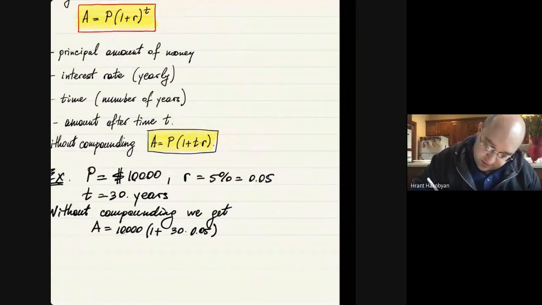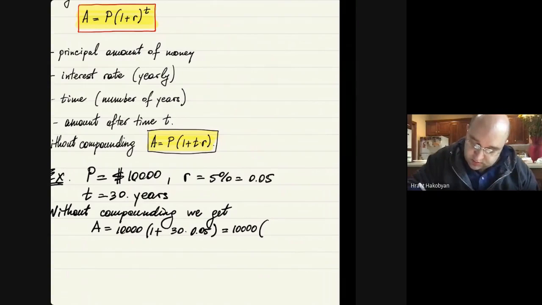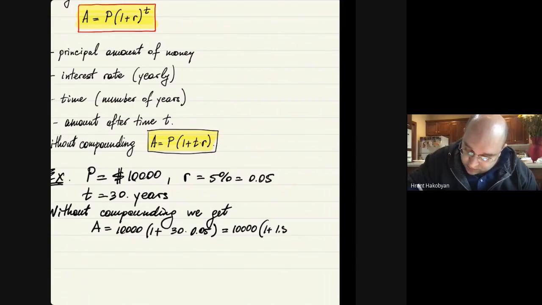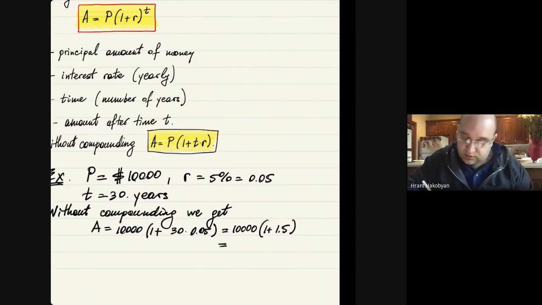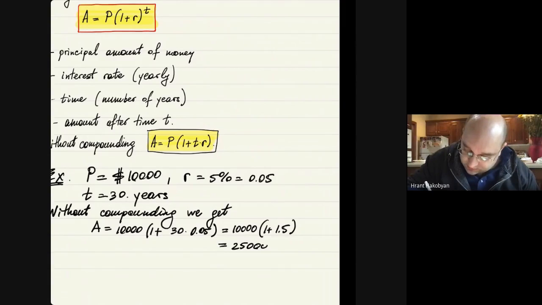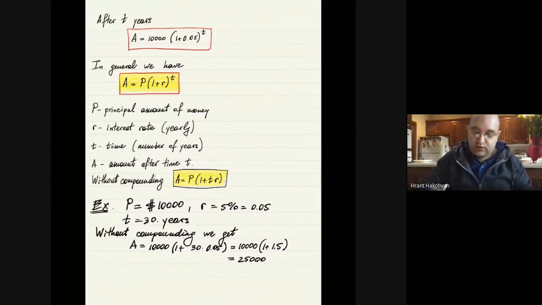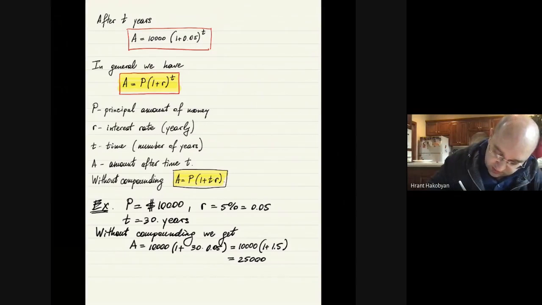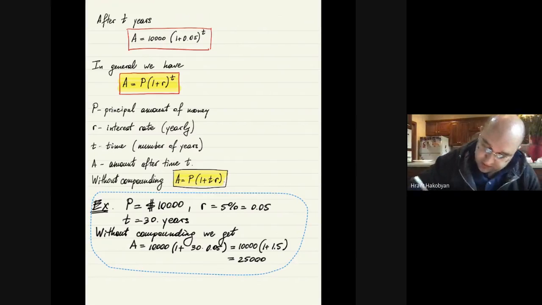If I do the calculation, I get 10,000 times (1 plus 30 times 0.05). 30 times 0.05 is 1.5, so the whole thing is 2.5. So 2.5 times 10,000 is 25,000. That's what I get if I don't have any compounding. Let me make this smaller again so I have space and can compare the whole thing here.